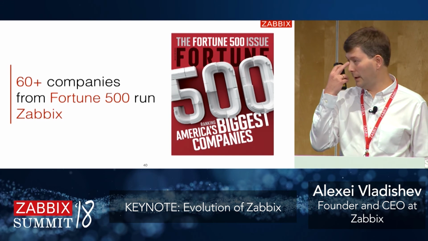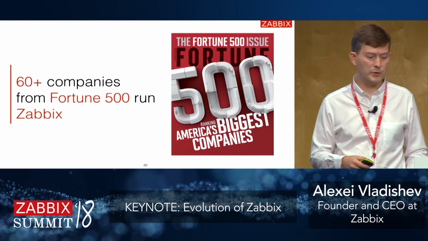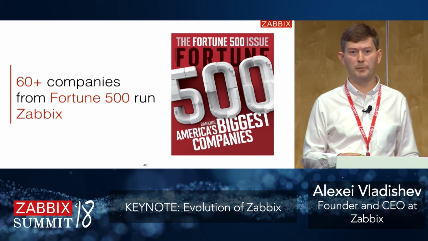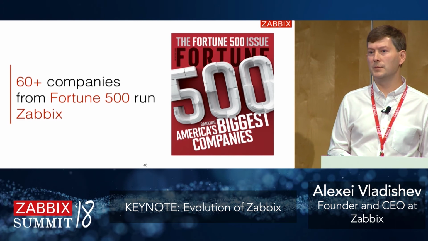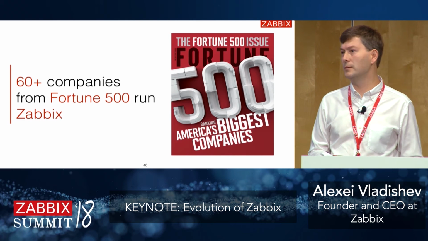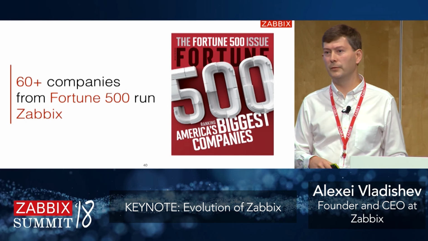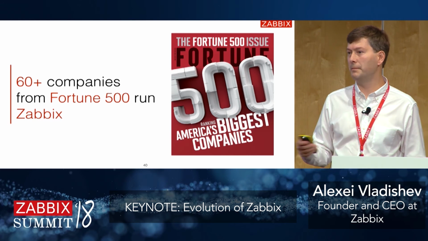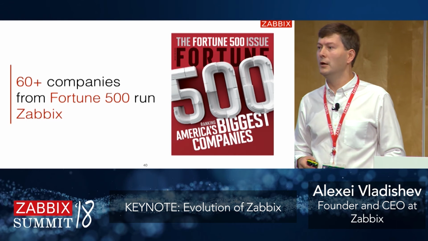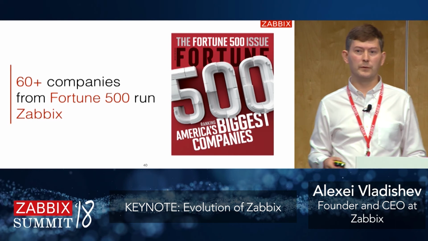Last year, I told you that we identified at least 50 companies from the Fortune 500. Those are the biggest American companies that use Zabbix, on different scales, of course. At this moment, I have to say it's more than 60 companies. And this is only American companies. Obviously, the biggest companies from Brazil, Japan, Russia, and China also use Zabbix.